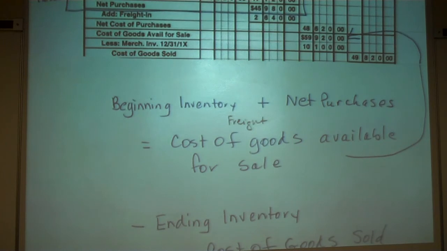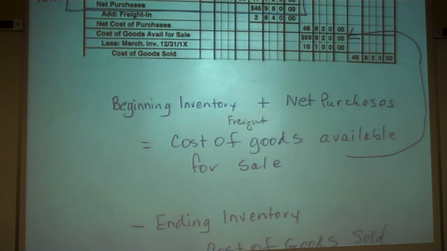Merchandise inventory, and remember this is for a year, so it's January 1. I just labeled it beginning inventory so you would know where I got that from the worksheet. The next section, we've been doing this, we just haven't put it on the income statement.